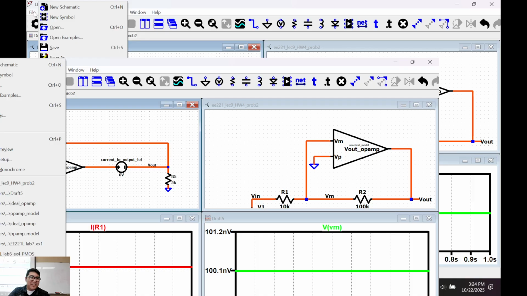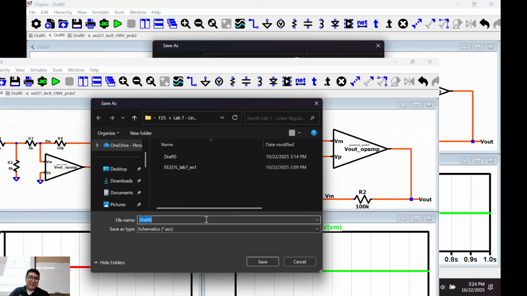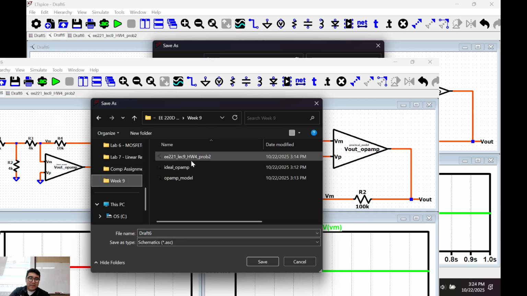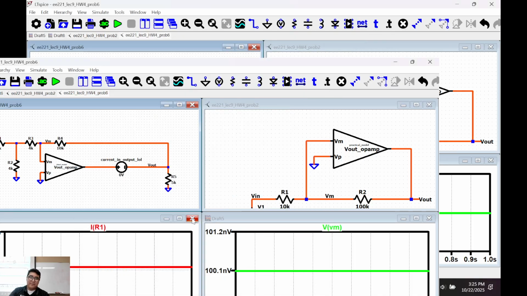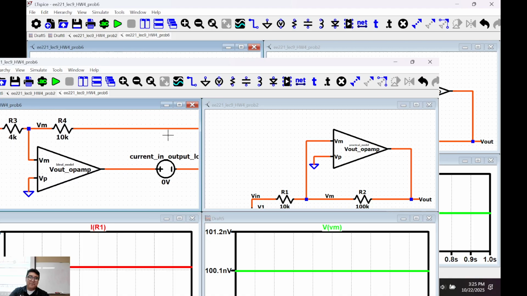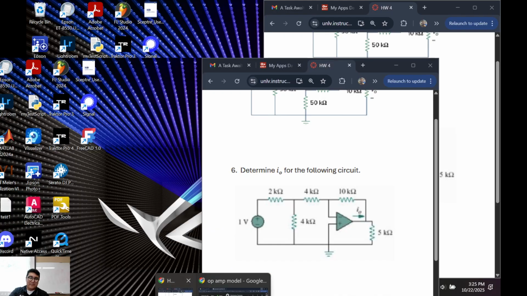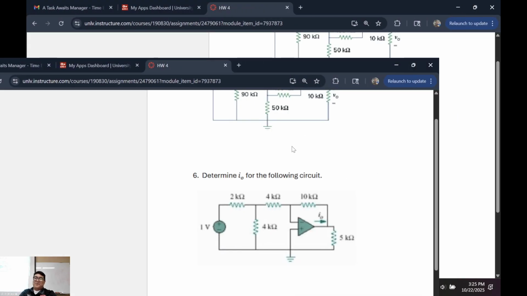And then what are we going to call this? Save as, what's our homework problem? Problem 6? Save. We're using our ideal model. Any last homework problems we want to look over?